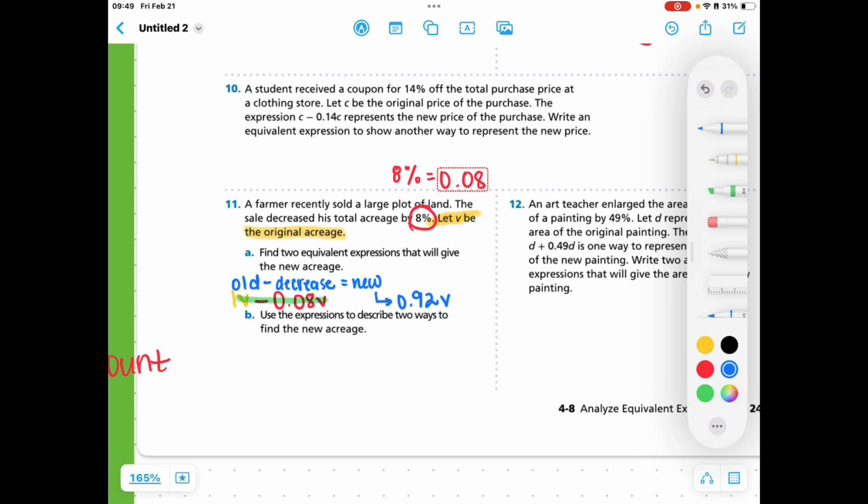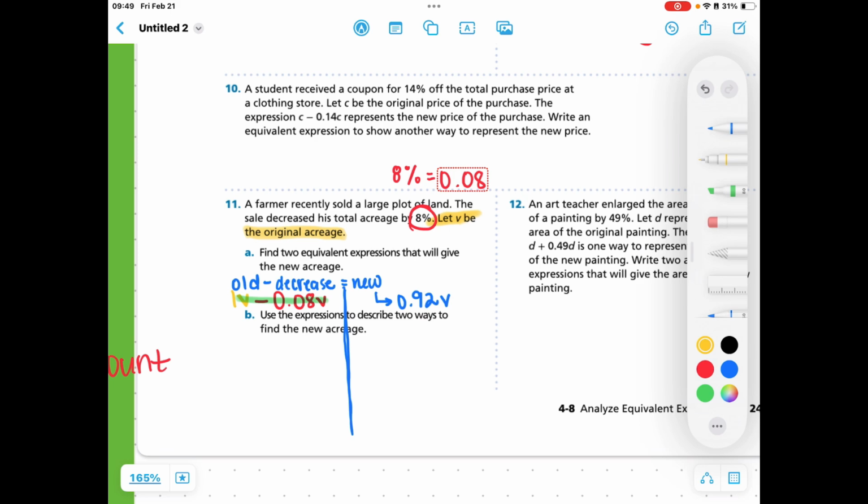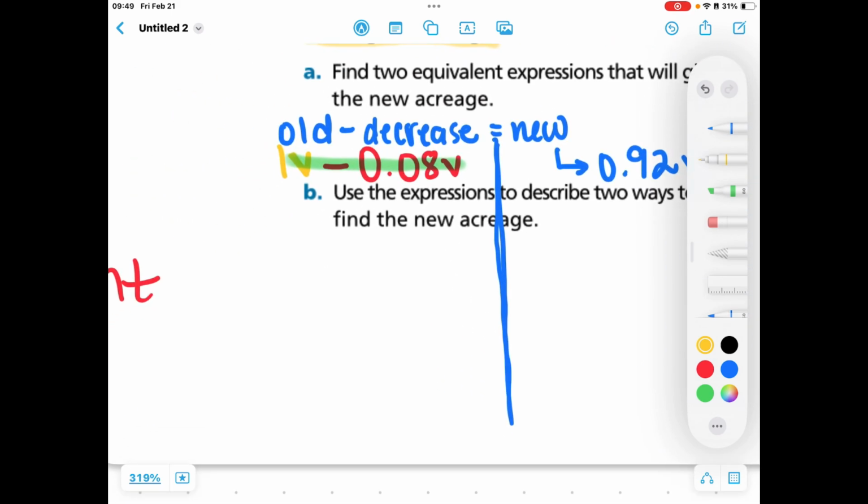Now, use the expressions to describe 2 ways to find new acreage. I'm going to split this in half since I do have 2 different numbers here to describe 2 ways to find the new acreage. We've kind of already done this. We're just going to use this little statement here to write something new.